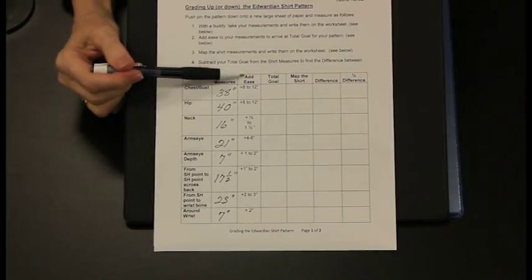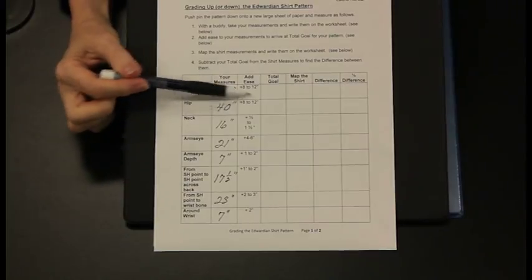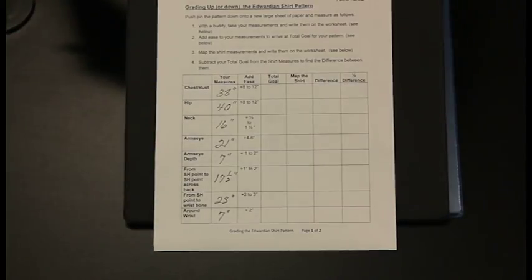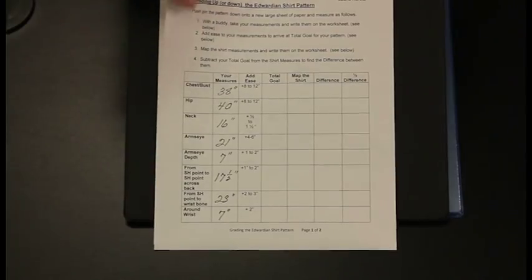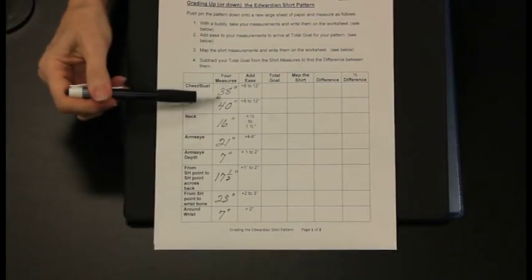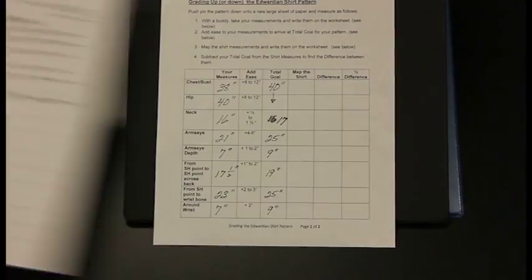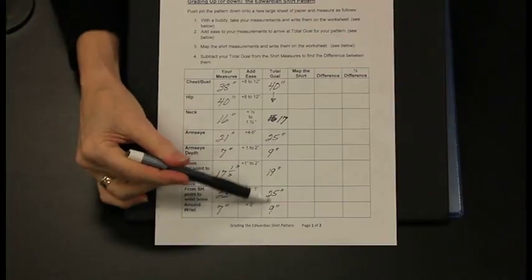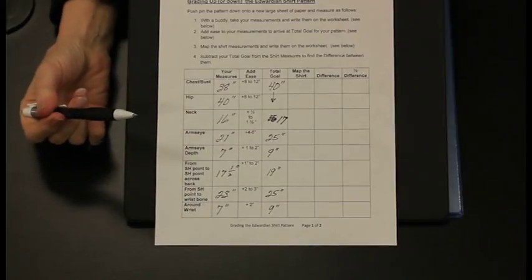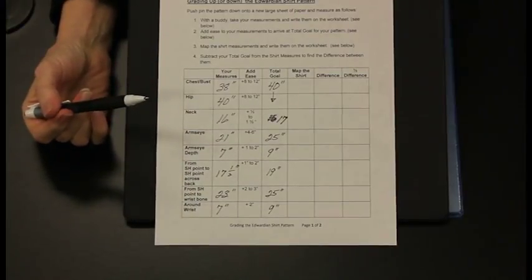The next column over is how much ease you want to add. And there's a range, it's proportional, it just depends on how much ease you want in your shirt. So you'll add this much ease to your measurements to arrive at the total goal of what you want when you're done adding to the shirt pattern.